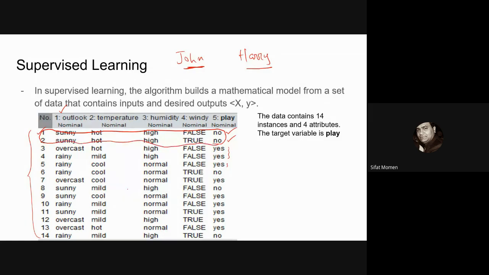First and second, he did not play. This is another one. On the 6th day, he did not play golf outside. On the 8th day, he did not play golf outside. And on the 14th day, he did not play golf outside. So can you see, is there any commonality in the days when he did not play golf outside? Is there any commonality? Humidity high.